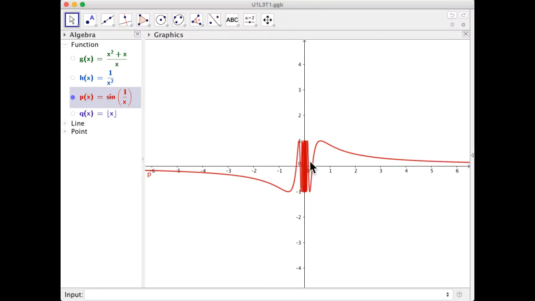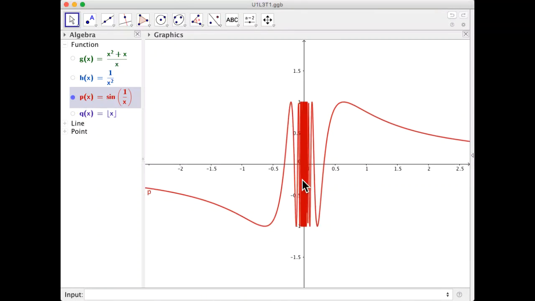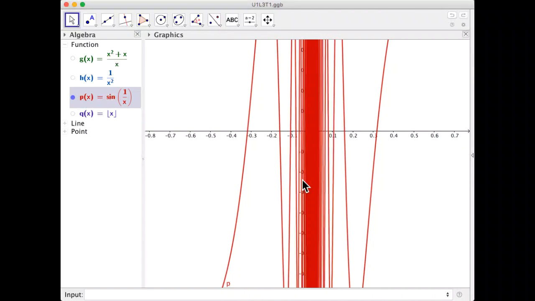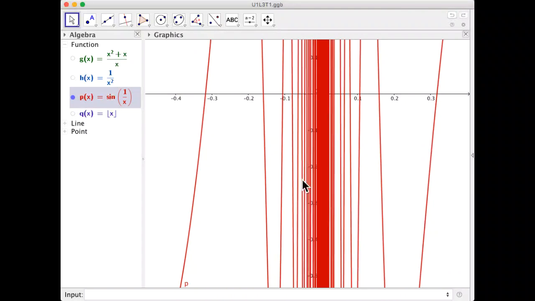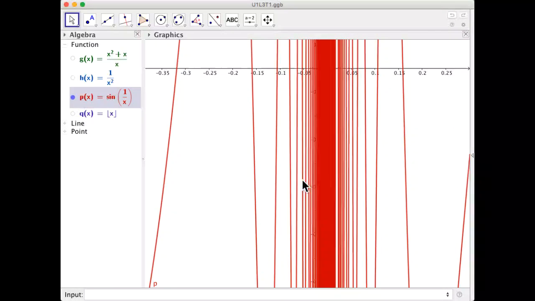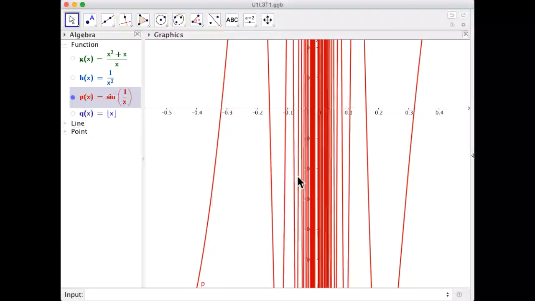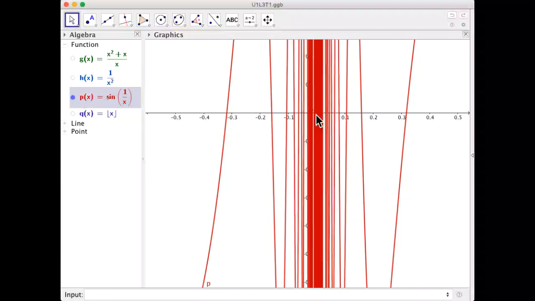And if we zoom in here a little bit, it's hard to see, right? We see that as we get closer and closer and closer, we have a crazy amount of oscillation that gets tighter and tighter and tighter. But if we were to actually try to get to the point 0, 0, it would not exist. That point in the middle is missing.